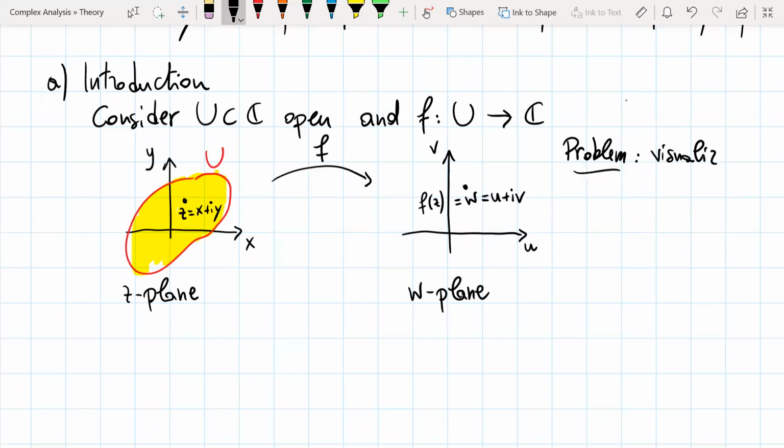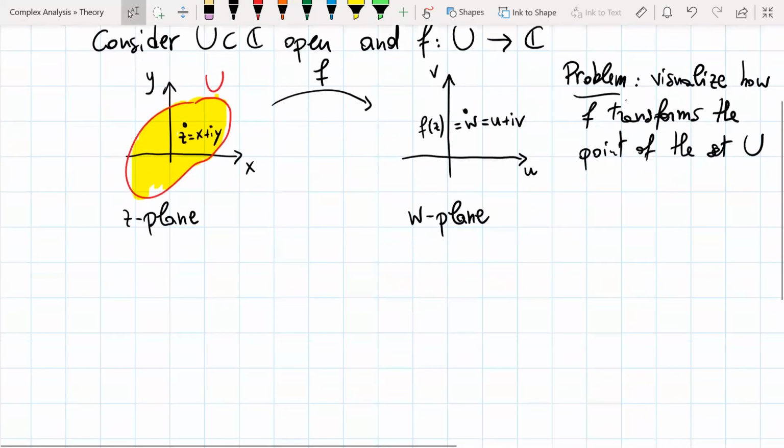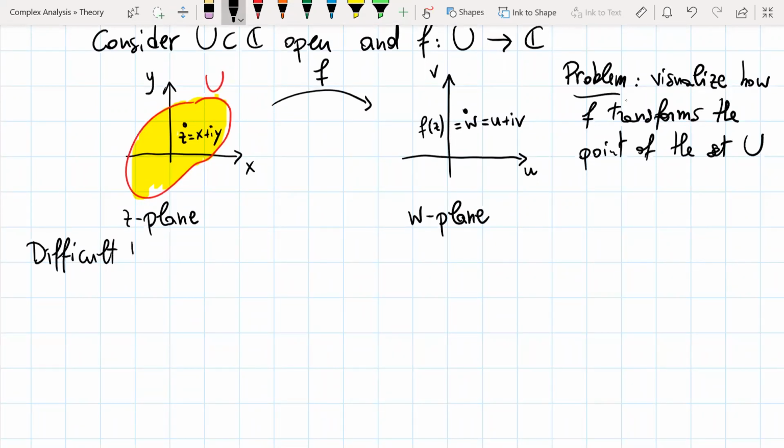So we want to visualize how f transforms the points of the set U. And here, let me remark that this is in general a bit difficult to visualize, because we cannot simply draw the graph of f.